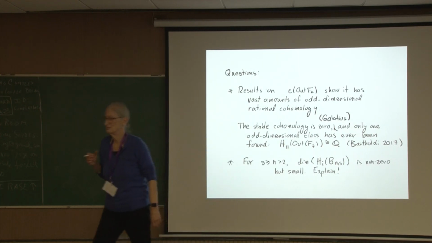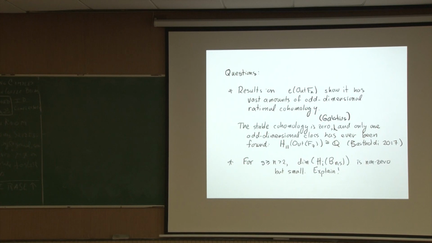So all of this, the stuff about E of Out(Fn), has just appeared in Advances. And for some reason, Quanta magazine got interested, so you can also read about it in Quanta magazine.